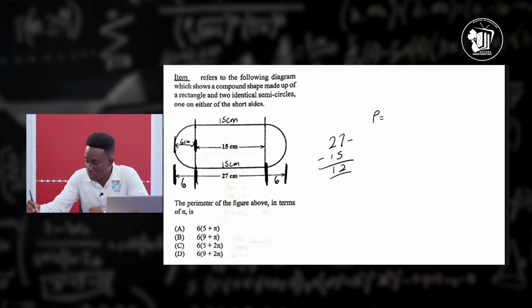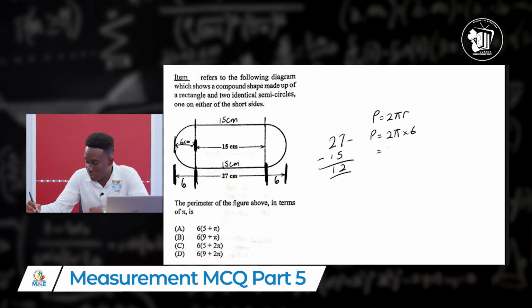The circumference would be equal to 2 pi r, so 2 pi multiplied by the radius, which is 6. So 2 times 6 would be 12 pi.